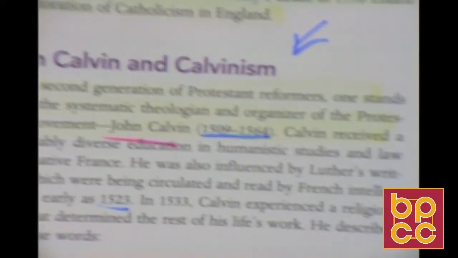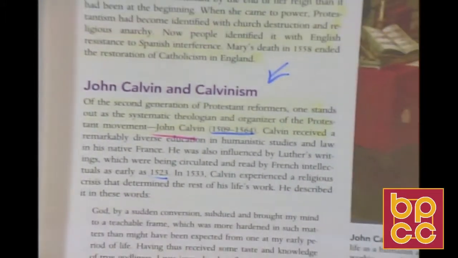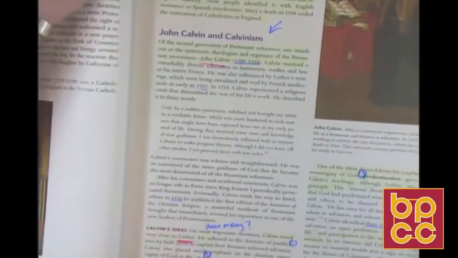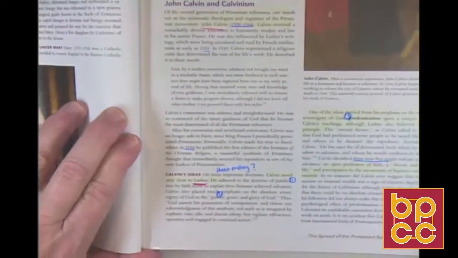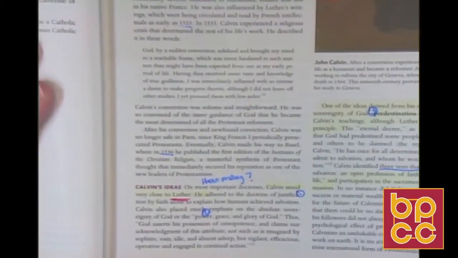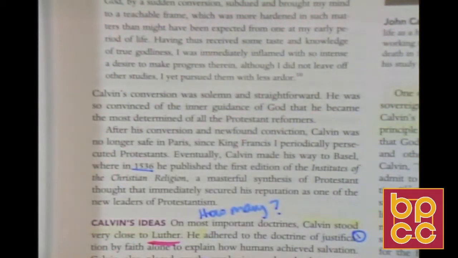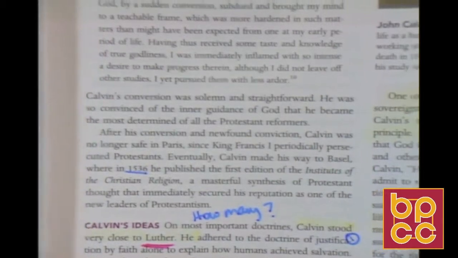So as we look down here at Calvinism, remember we talked about Calvin's ideas down here at the bottom. So I've highlighted some of his ideas, but notice he's very close to Luther. And I do remember we talked about Luther very early in the semester, so I can make a link between Calvin and Luther.